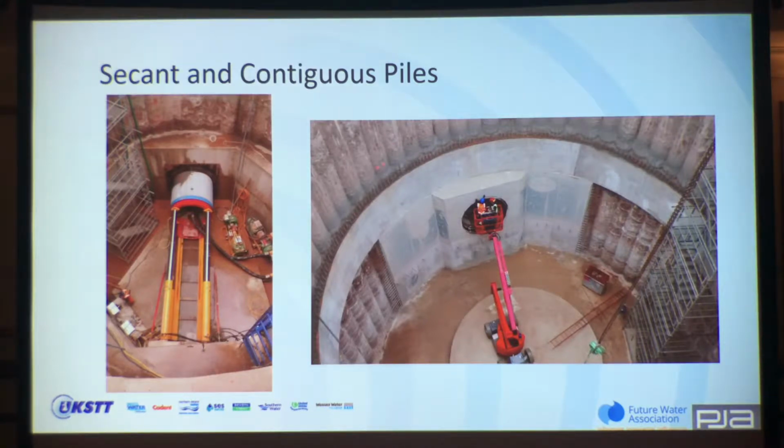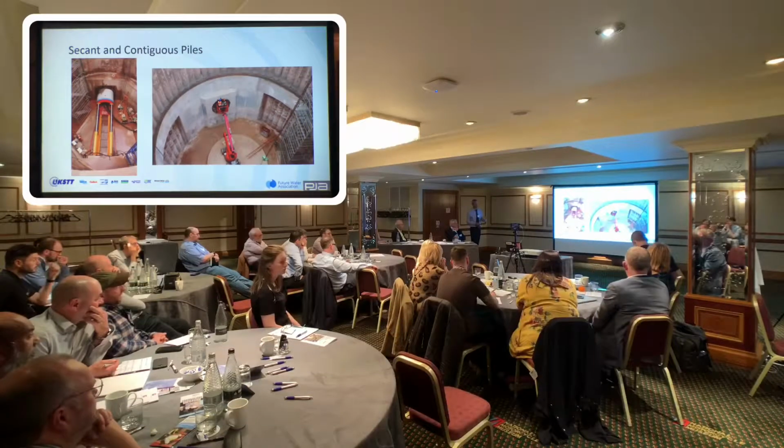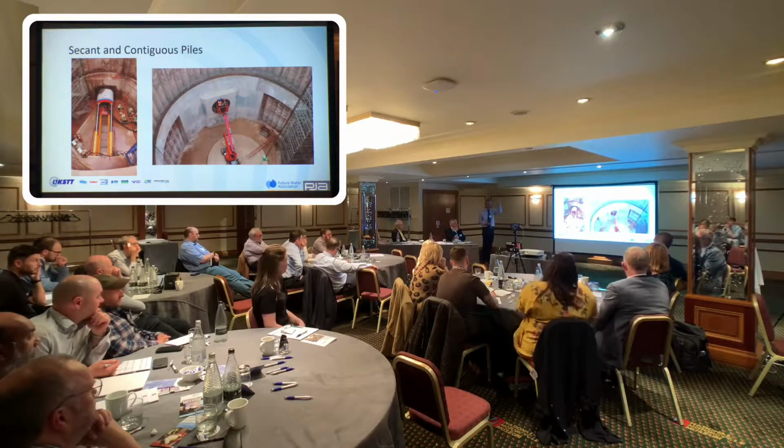In Newark, as I explained before, we've got the superficial deposits over the Mercia Mudstone, and the Mercia Mudstone has gypsum bands within it. The gypsum bands contain water, and they've got a direct connection to the Trent and the ballast above.